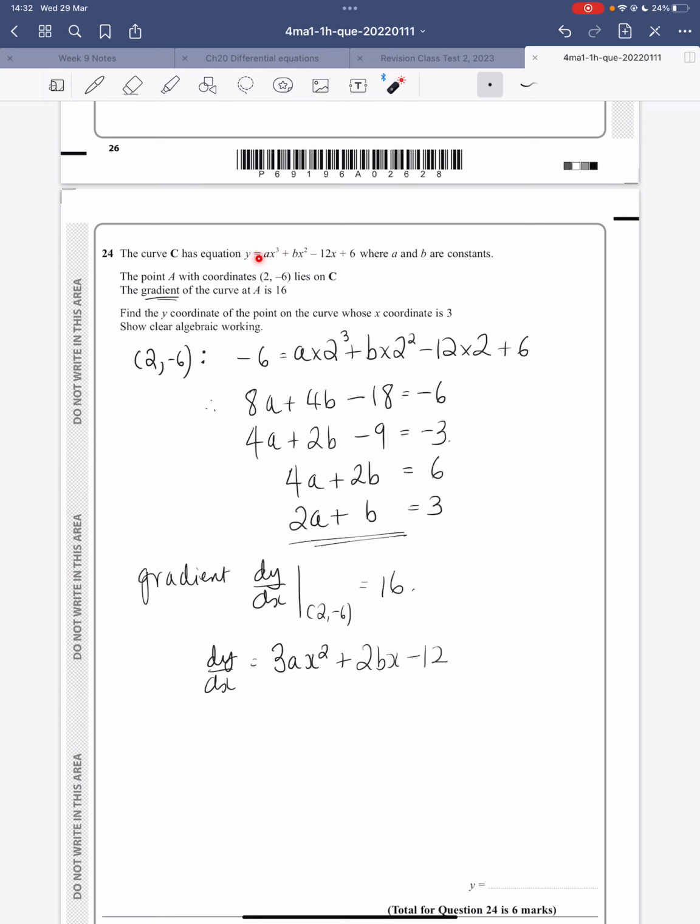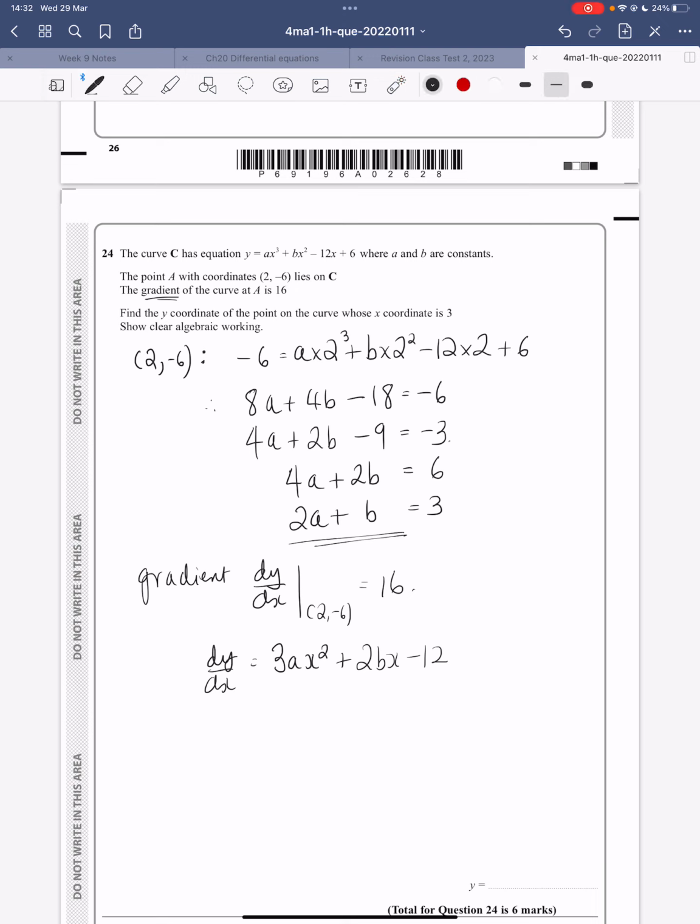The 3 comes down, multiplies what's there already, 3ax, and the power drops by 1 to a 2. This one, the 2 comes down, 2bx, power drops by 1 to 1. The minus 12x is like minus 12x to the 1, so it's minus 1 times 12, x to the 0, which is minus 12, and the 6 vanishes.